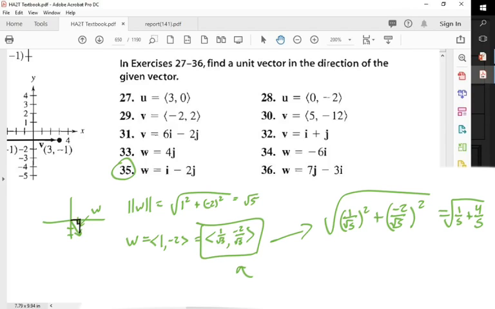Then I square root that. That's 5 over 5, which is 1, and the square root of 1 is 1. This is the new magnitude of the unit vector of W. The magnitude of my unit vector is 1.